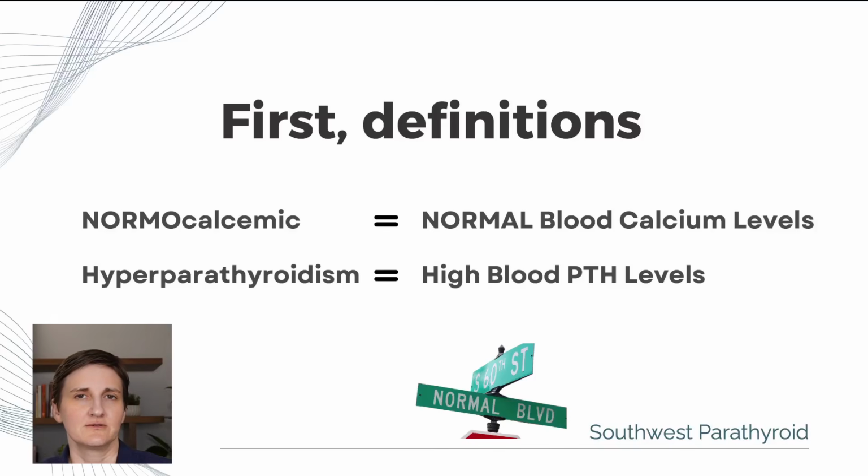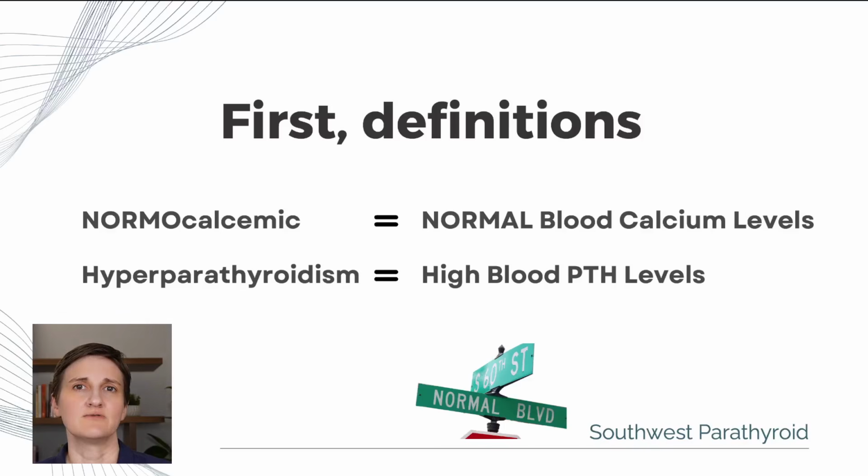Normocalcemic. So normo means normal. The emic part is referring to blood. So normocalcemic means normal blood calcium levels. I'm going to repeat that again and again tonight, right? And then hyperparathyroidism. Well, you should all know what hyperparathyroidism is at this point.